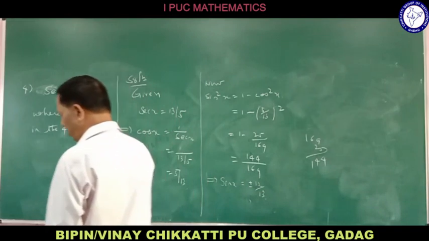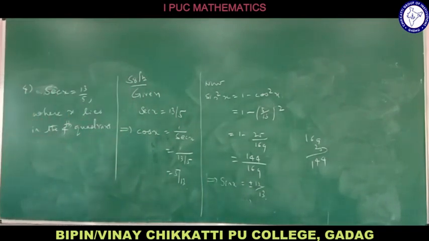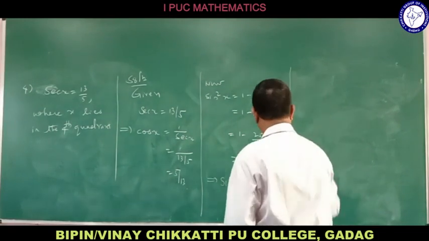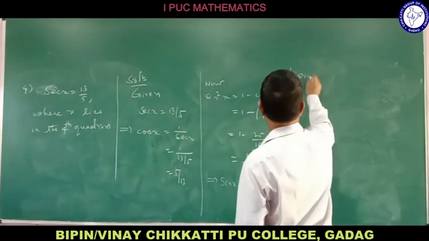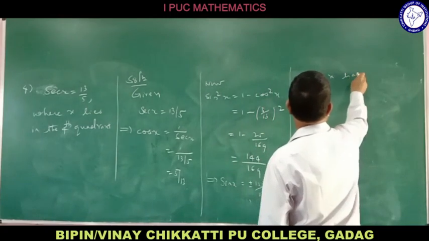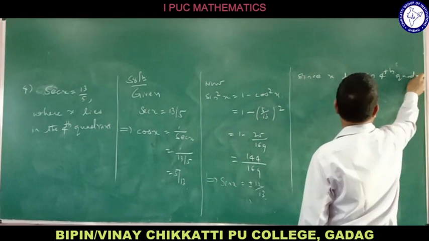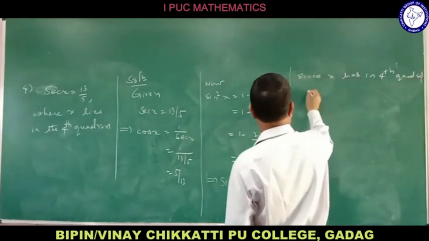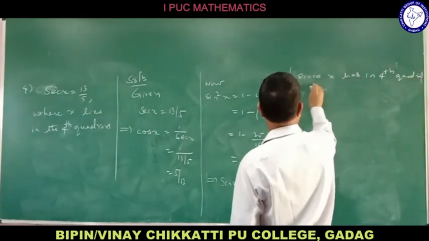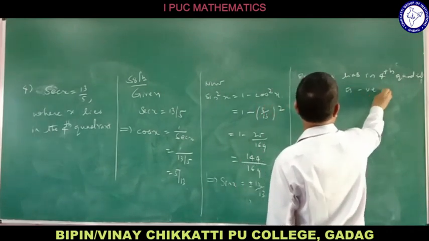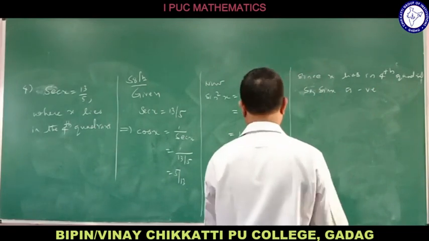So here you have understood that sin x is 12 by 13, and accordingly we can proceed. Now, since x lies in the fourth quadrant, sin x is negative in the fourth quadrant, only cos and sec are positive.